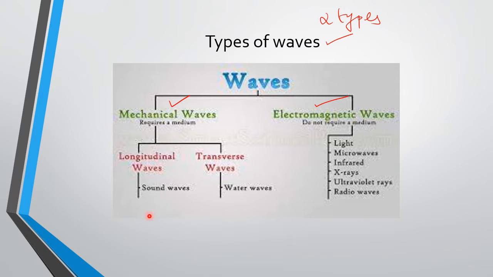Longitudinal waves, examples are the sound waves which we are going to study, and transverse waves, the examples are the water waves. In electromagnetic waves, we have light, microwave, infrared, X-rays, ultraviolet rays and radio waves. So we are not going to study about the electromagnetic waves in this chapter, but we are going to study about these two waves, that is longitudinal waves and transverse waves.